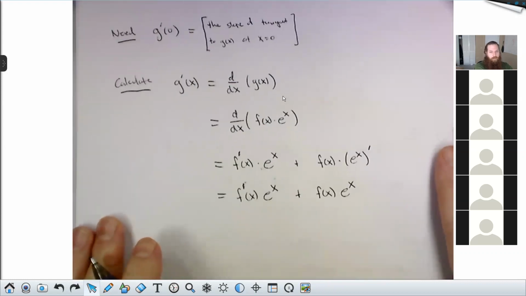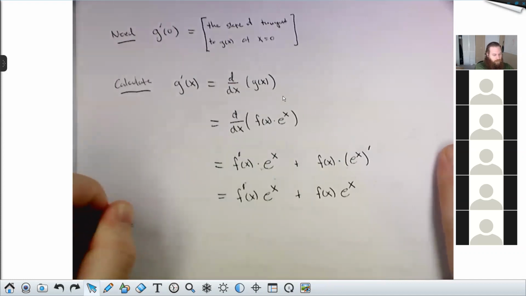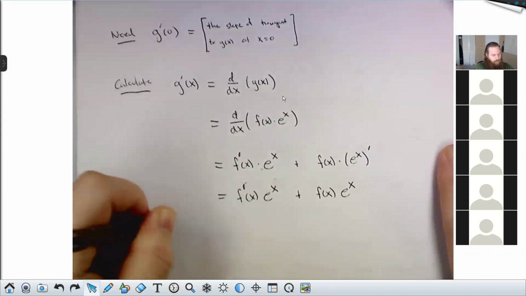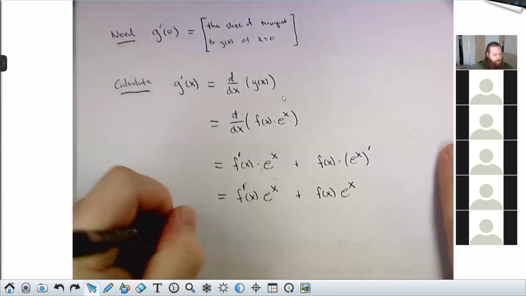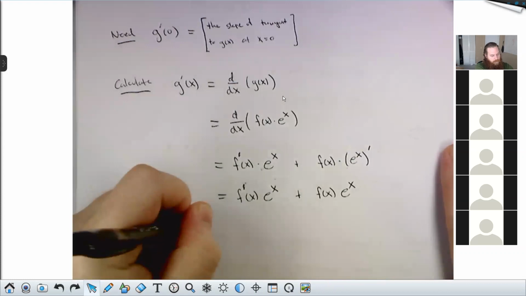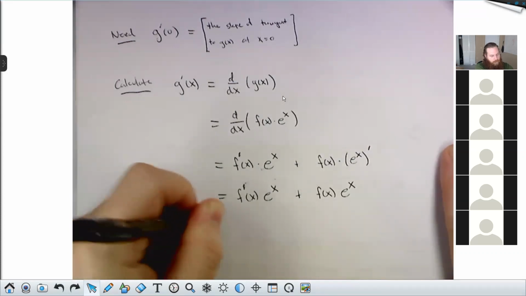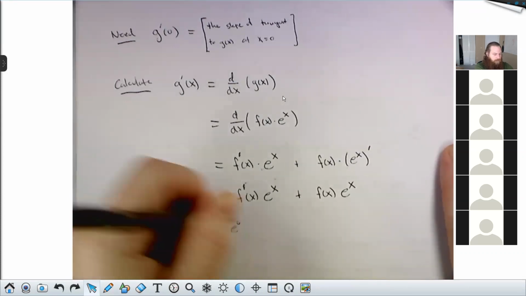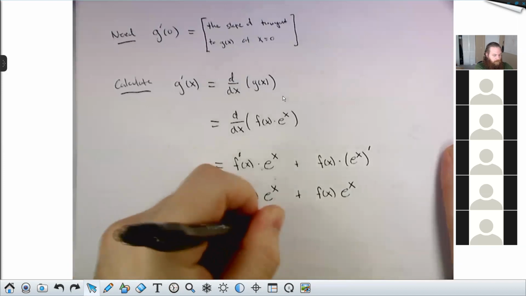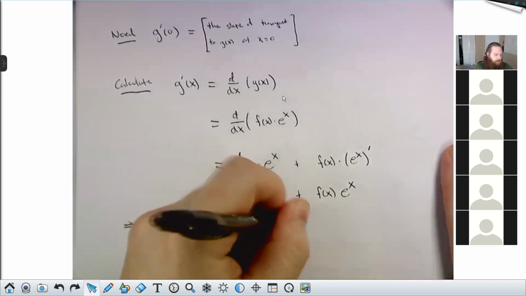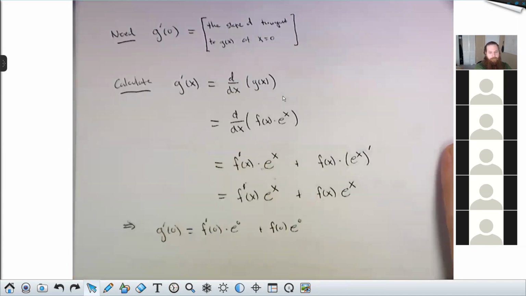So here's g primed, which means that g primed of 0, which again is the thing that I want, is f primed of 0 times e to the 0 plus f of 0 times e to the 0. Just plugging 0 in for x everywhere here.